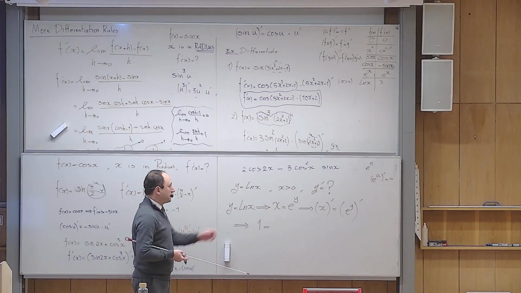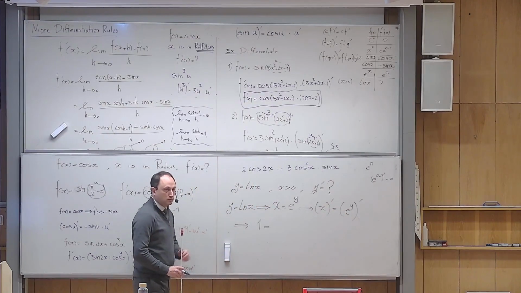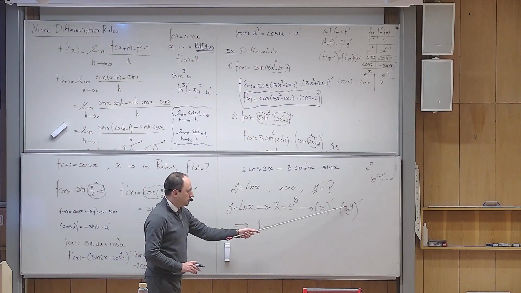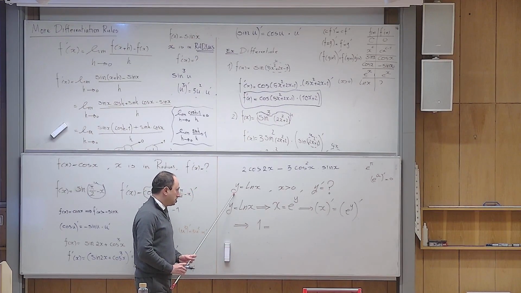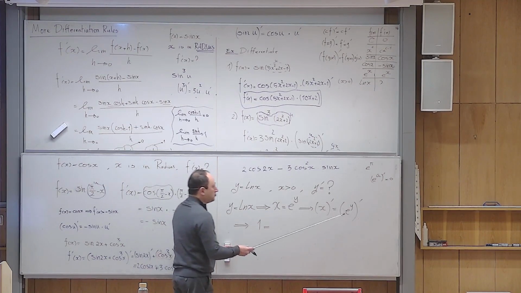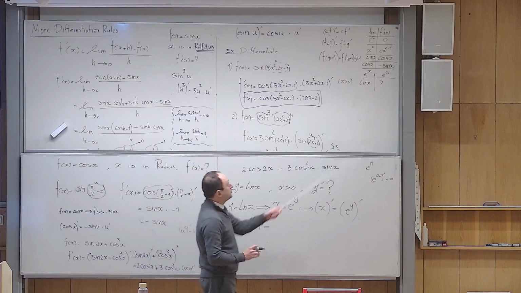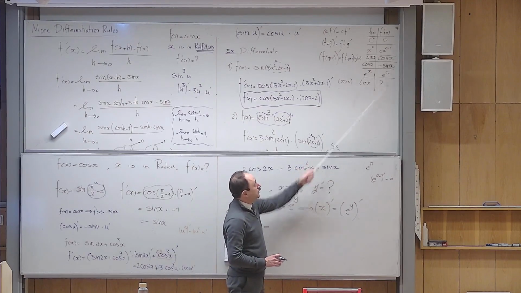If I tell you that y is a function of x, do you agree with me? Because the y that appears here is the same y that appears here, and y is a function of x. So this y is also a function of x. Now, can you tell me what will be the derivative at the end? The derivative of e to power x is e to power x.